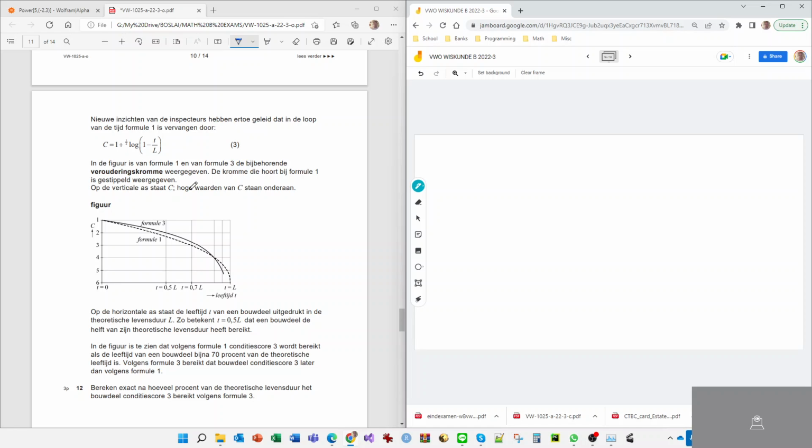They say that you actually can write it as this expression, equation 3, and they put them together with that earlier equation with the solid line here, this formula 3, and this is the lifetime of the building as a fraction of L, the theoretical lifetime, or I would say T is the age of the building as fraction of the total lifetime.